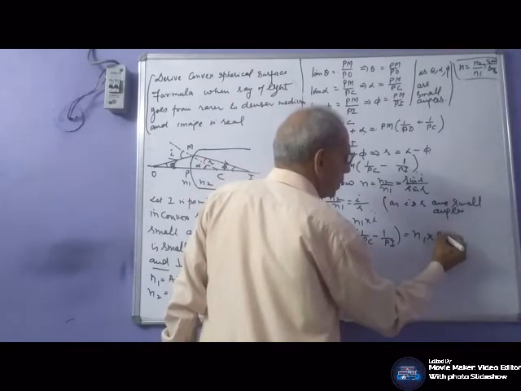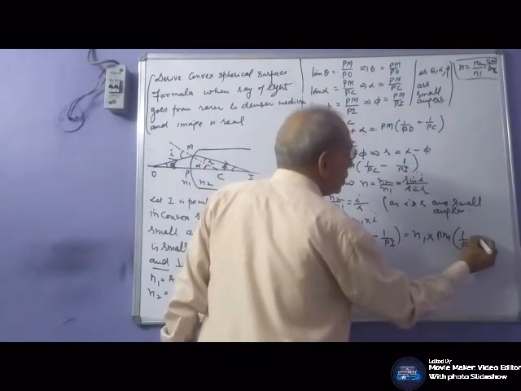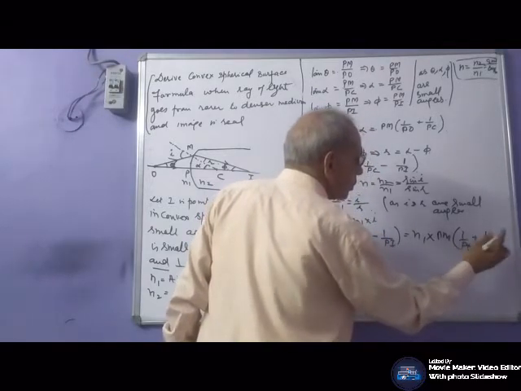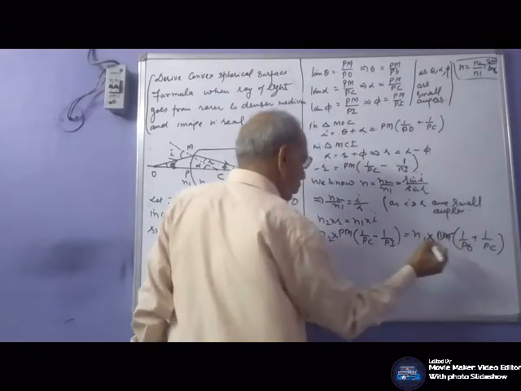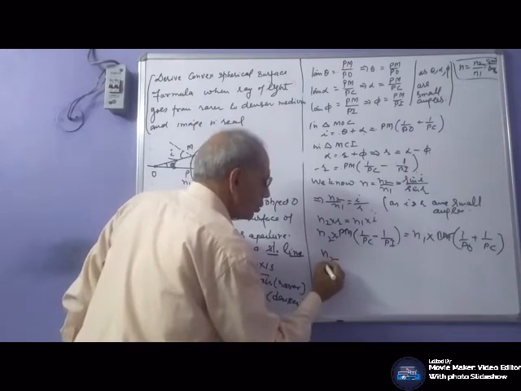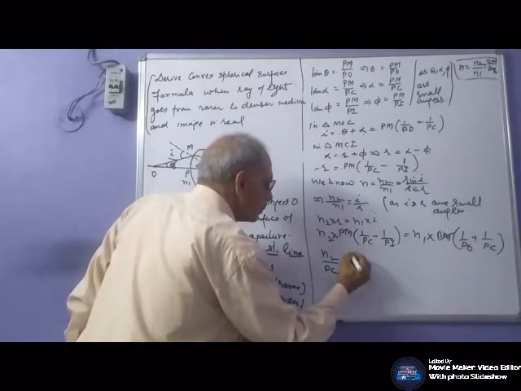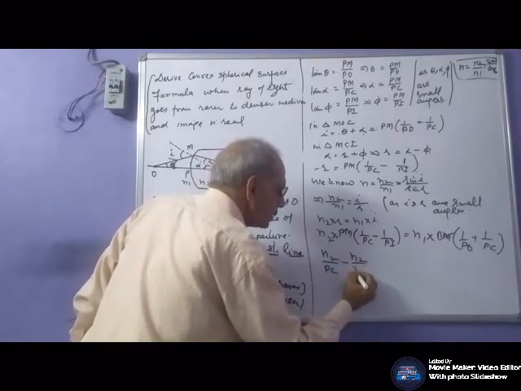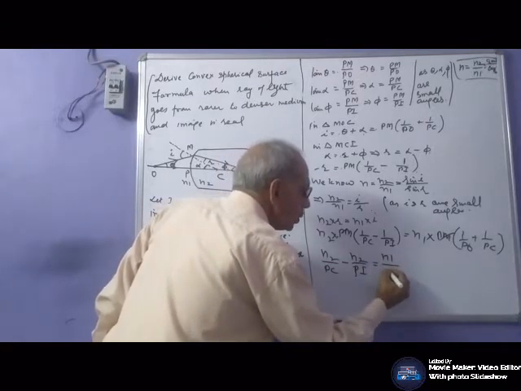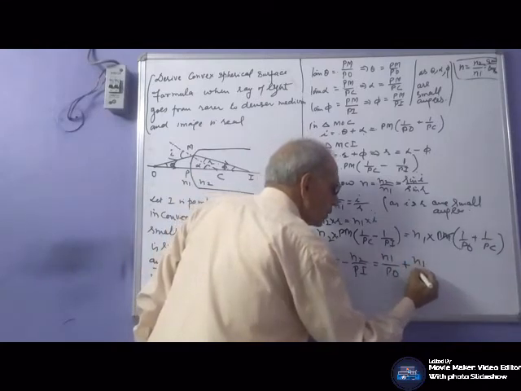I is PM times 1 by PO plus 1 by PC. PM goes with PM. N2 by PC, N2 by PI, N1 by PO, N1 by PC.